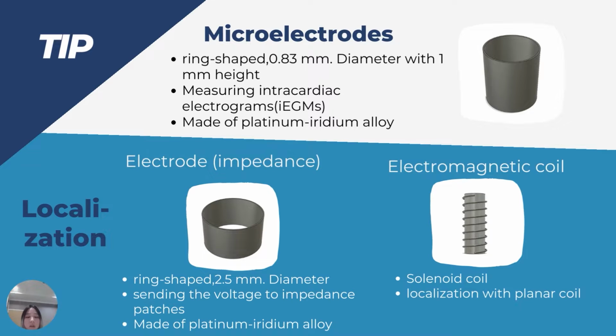For localization, the ring electrode is made of the same material as the microelectrode to send the voltage for the impedance-based system. And the electromagnetic coil is a copper solenoid coil, which works with the pad coil. The further mechanism of these two sensors will be explained in the localization part.